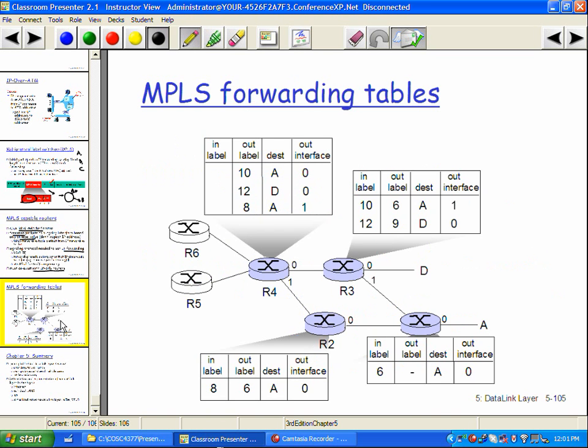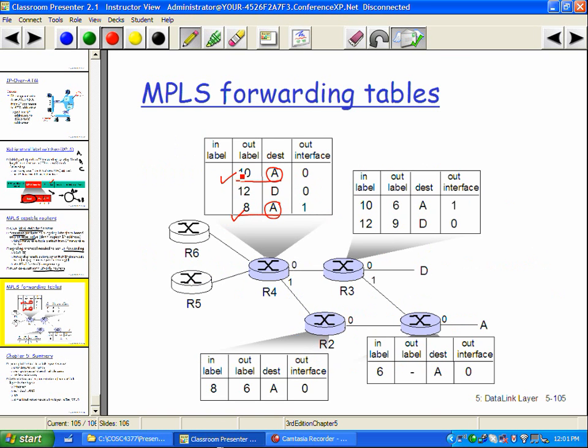So just to make it clear, let's look at an interesting case. This particular router says the destination is A. In this case also the destination is A, but the label in one case is 10 and the label in the other case is 8.